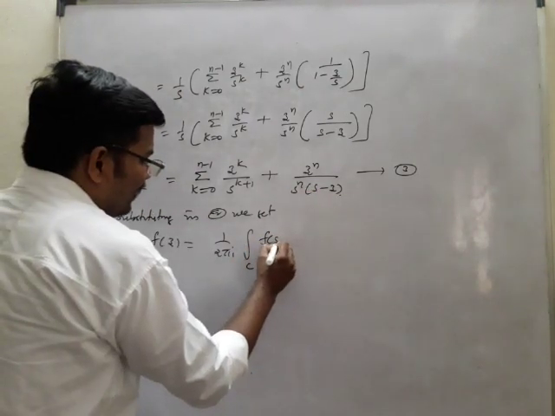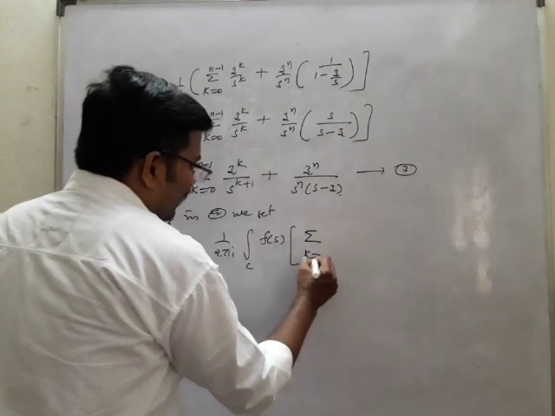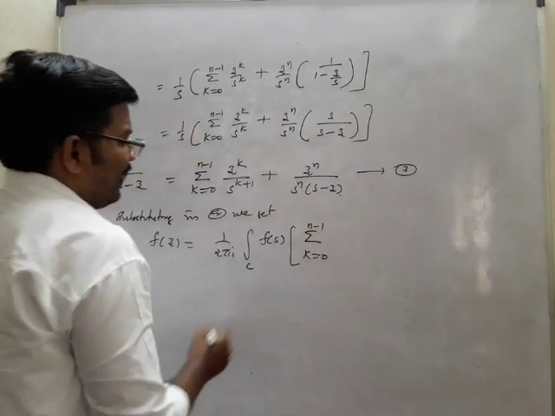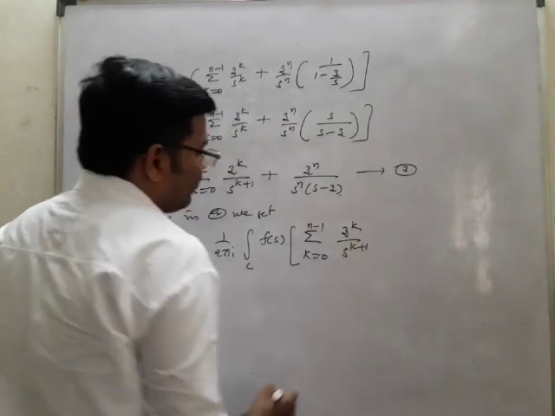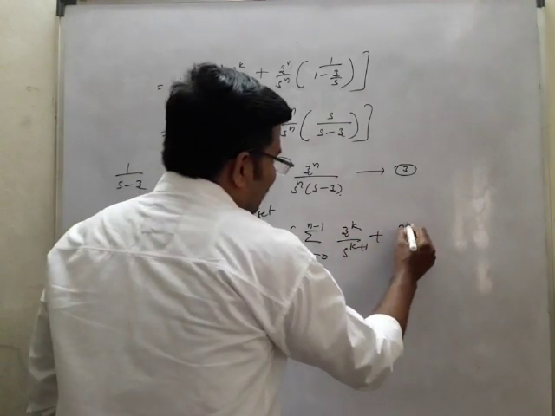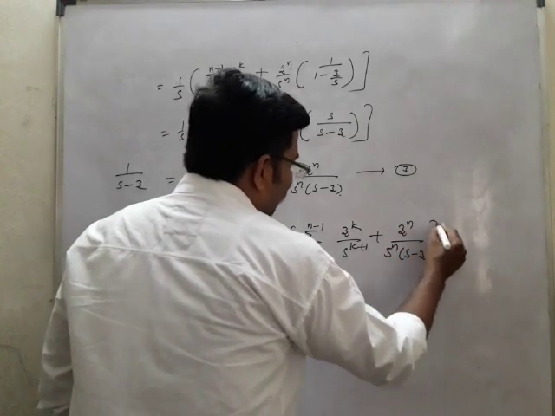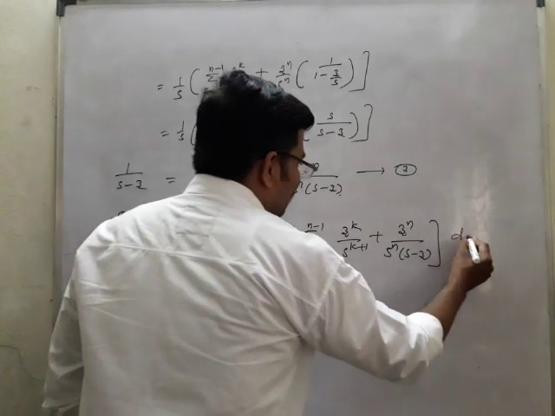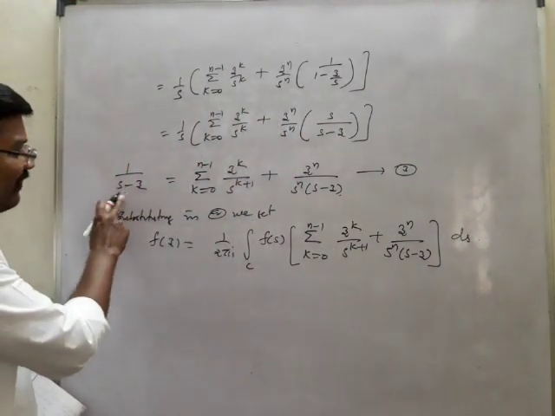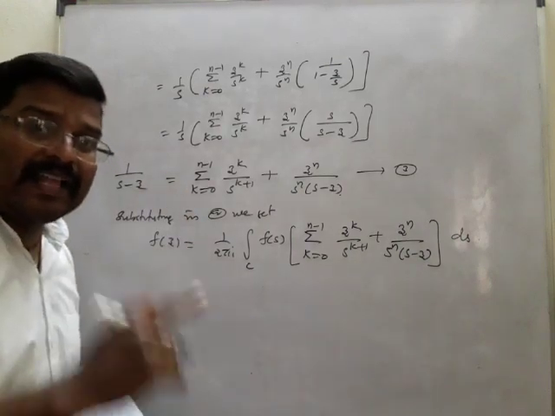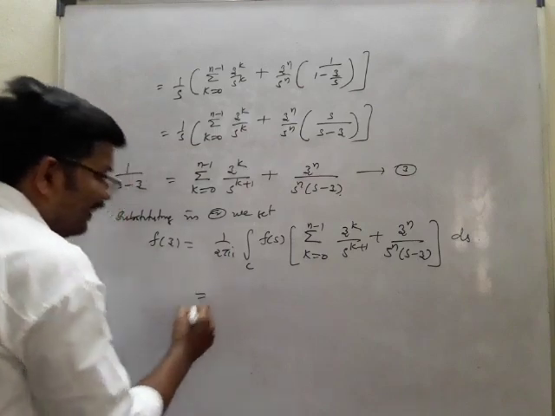So f of s into this value, that is summation k equals 0 to n minus 1 of z power k by s power k plus 1 plus z power n by s power n into s minus z, ds. We have just substituted the value of 1 by s minus z in Cauchy's integral formula, which we had taken in the previous step. Okay, now we'll try to write it in a proper order.